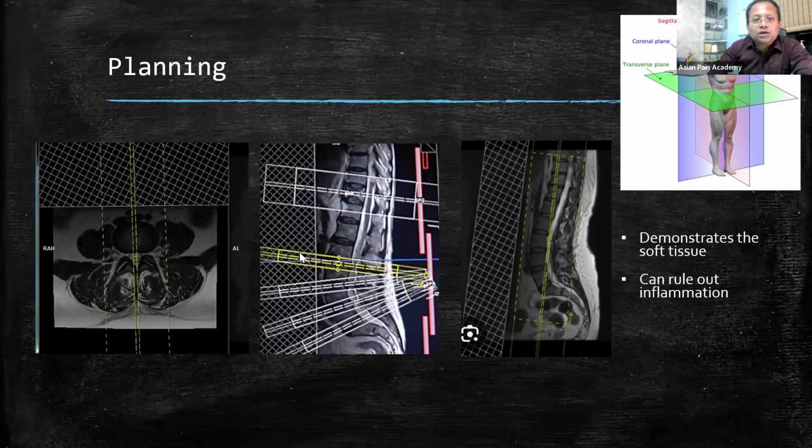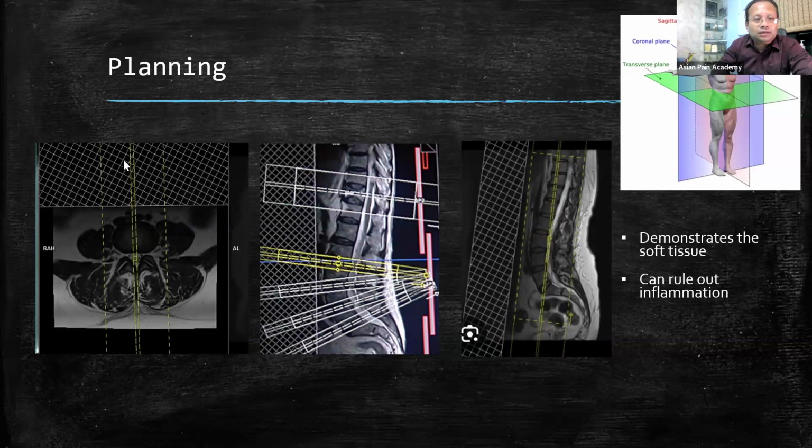Here numbering will be done, 1, 2, 3, 4, 5, 6, 7, 8, like that, because you may not be able to distinguish the upper one from the lower one; they may look similar. From the numbering you can know which is which. The planning is also printed on the MRI plate, so by seeing the planning you can know which part is showing this picture, and that is very important for interpretation.